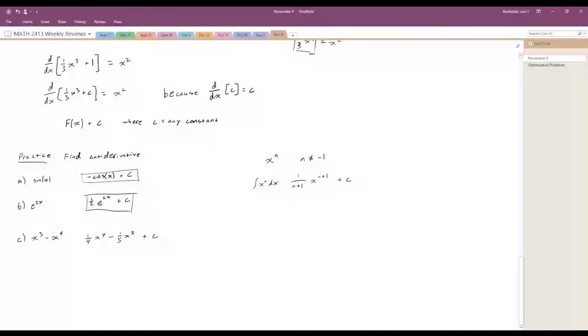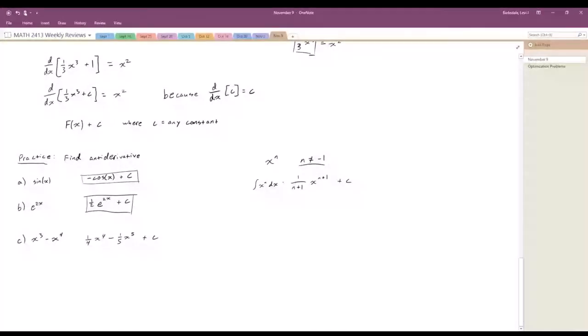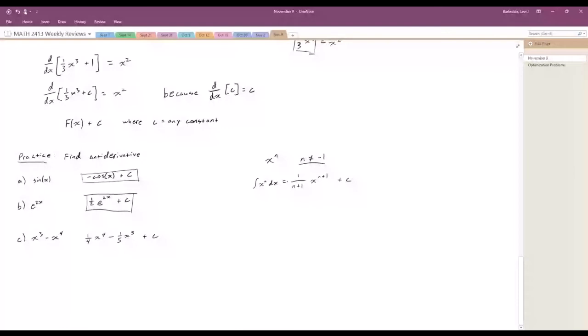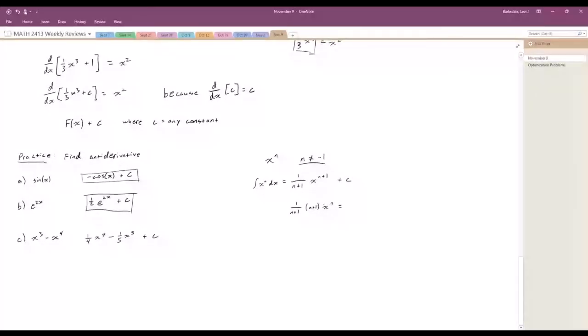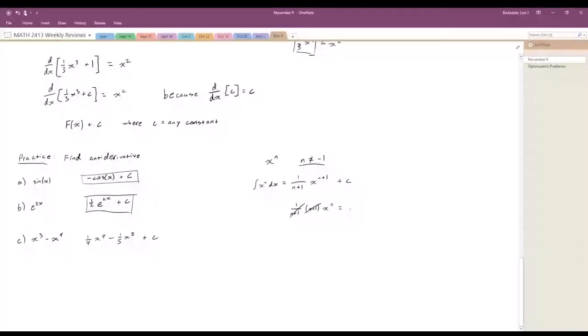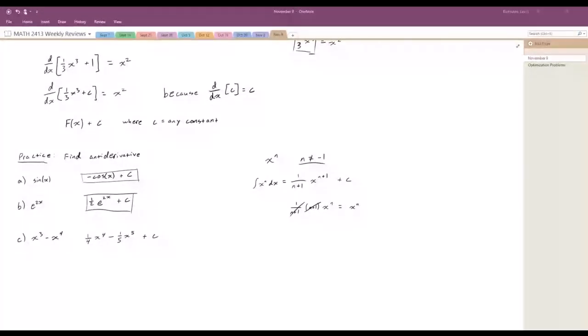You can see if we take the derivative of this 1 over n plus 1 times x to the n plus 1 plus c, we would have 1 over n plus 1 times n plus 1 times x, and we would decrease the power by 1, cancel the n plus 1s, and we get x to the n. So this is called your power rule for antiderivatives.